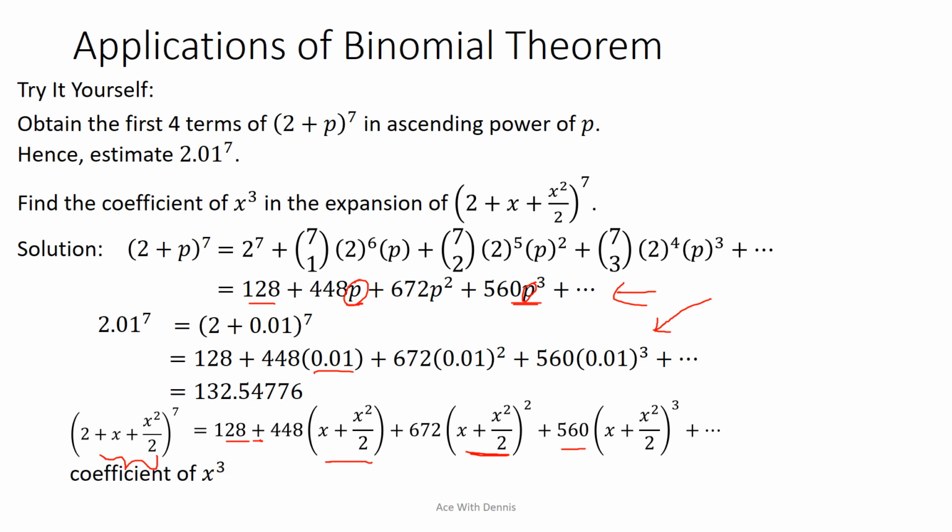We want to find the coefficient of x³. When we look at this whole thing, we get 672 from here, plus 560. And the answer is 1232. So do you get the answer correctly?